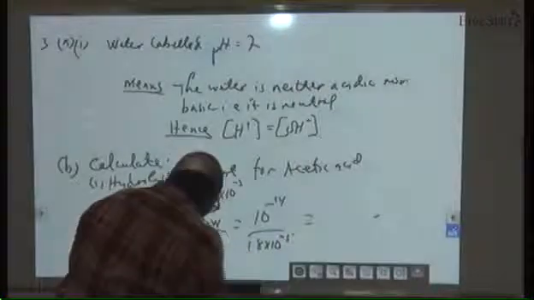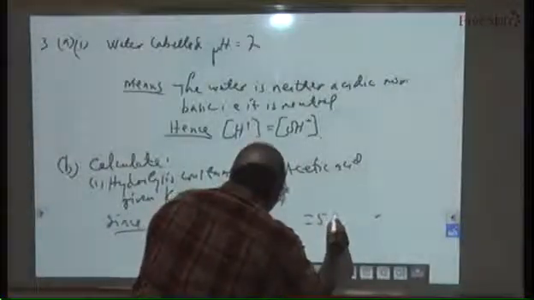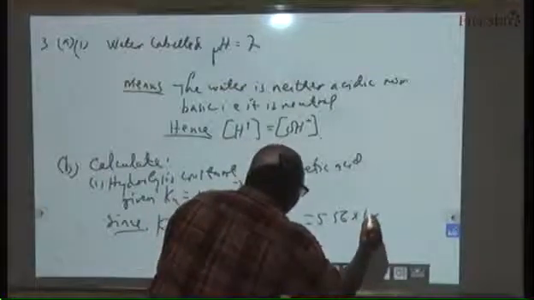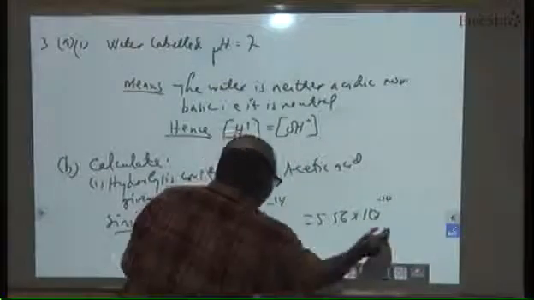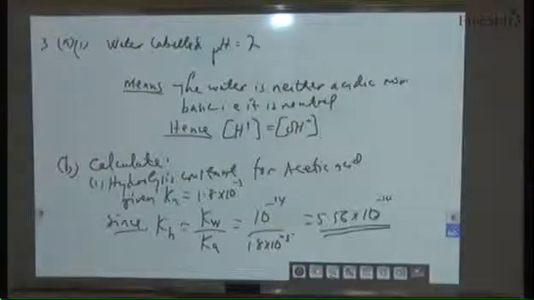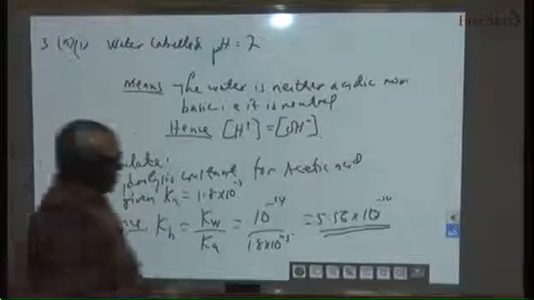If you do the calculation, you get 5.2. That will be the hydrolysis constant for acetic acid if its Ka value is 1.8 times 10 to the power of minus 5.